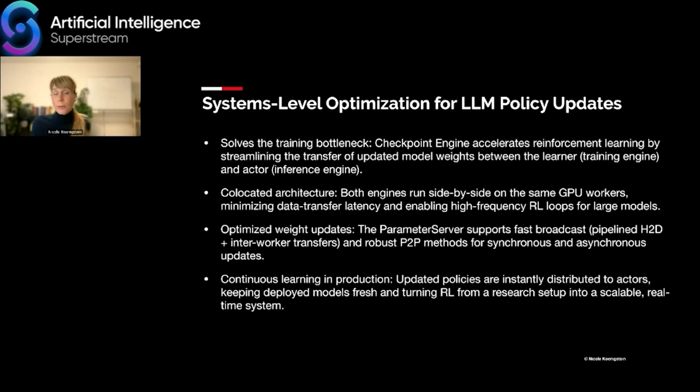And on top of that, you can introduce continuous learning in production, so you can have updated policies instantly distributed to actors, keeping the deployed models fresh, and turning reinforcement learning from a research setup into a more scalable and real-time system.